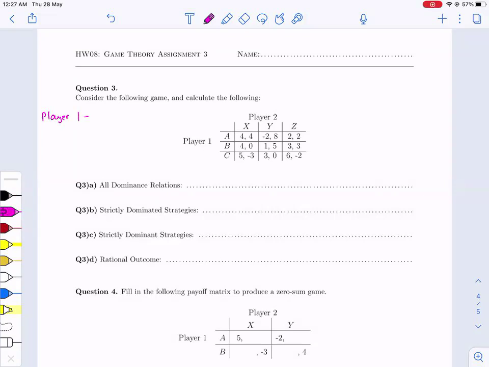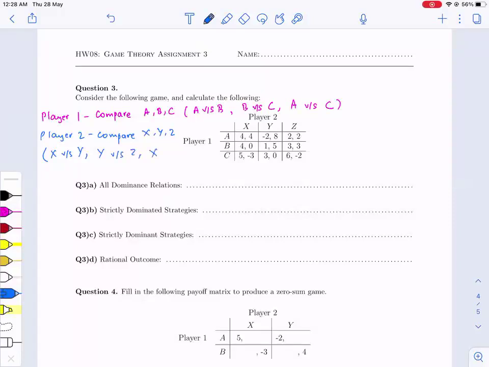So player one has strategies A, B, and C. So you can compare A, B, and C, meaning that you compare A versus B, B versus C, and A versus C. Similarly, you find dominance relations for the strategies for player two, meaning that you compare X, Y, Z. That is X versus Y, Y versus Z, and X versus Z.